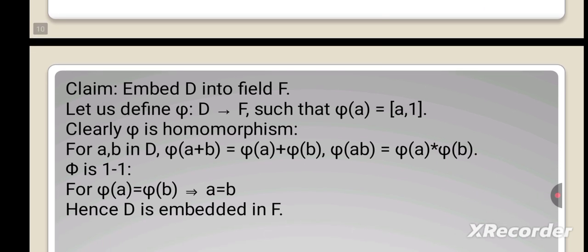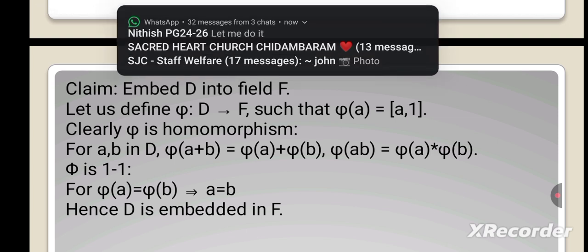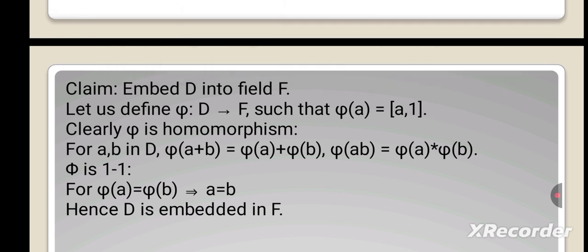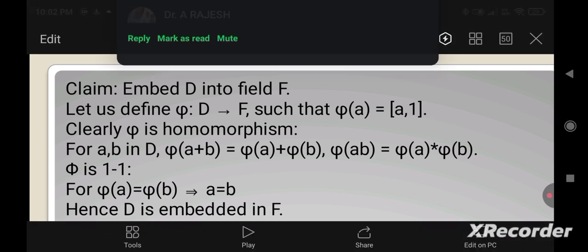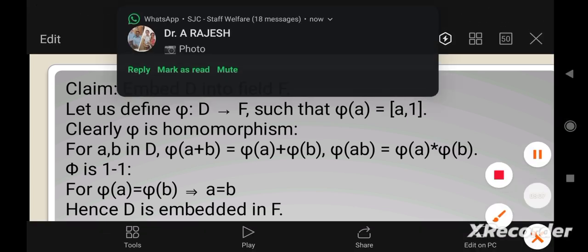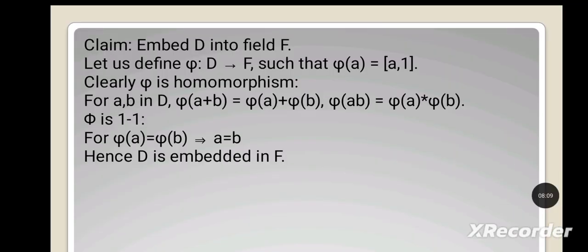Now our claim is to embed D into a field F. For that, let us define a function pi from D to F such that pi of a equal to (a, 1).